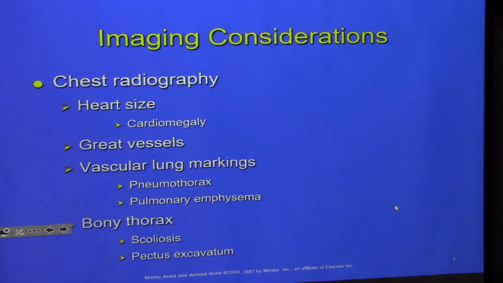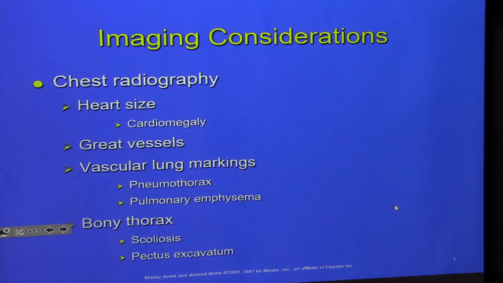When we do chest radiography, one of the first things the radiologist is going to look for is the heart shadow. He wants to see if there's any sign of cardiomegaly, for example, or any change in the position of the heart and also the great vessels. On radiologist reports they'll say the heart and the great vessels are unremarkable.